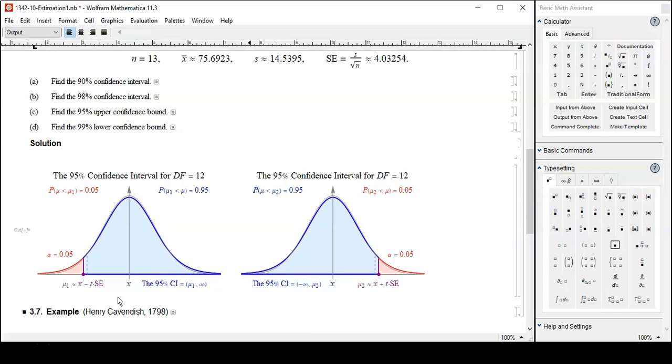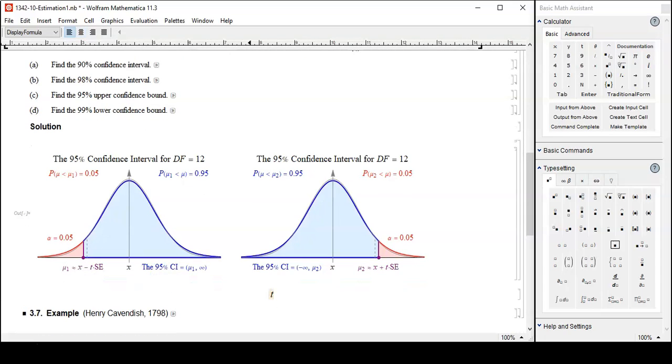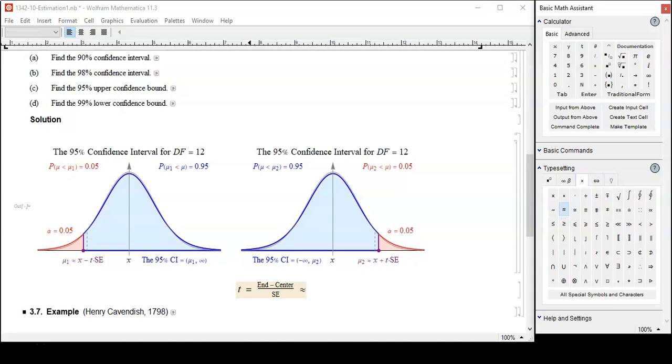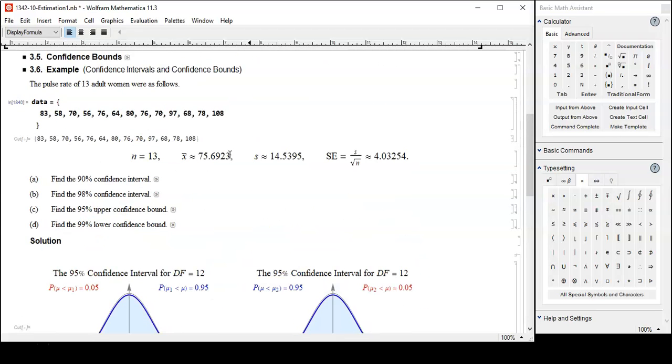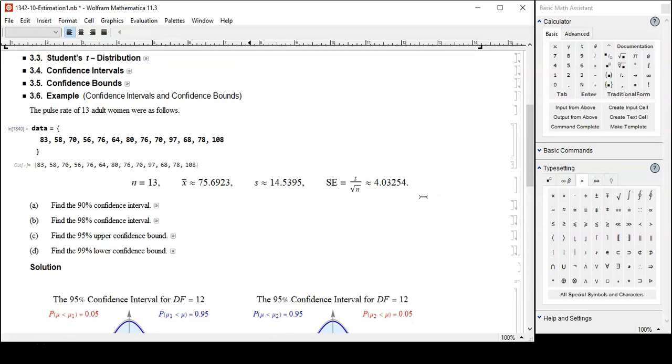Okay, we have the picture like this, and then the center, and then the end. So the t-score is end minus center over SE, and that's approximately equal to, let me increase the font, the left-hand side endpoint, and then the center, which is this sample mean, and then over the standard error, this quantity.